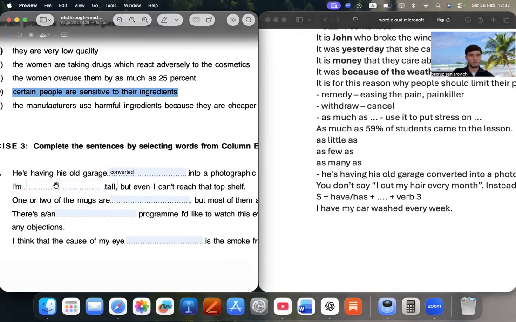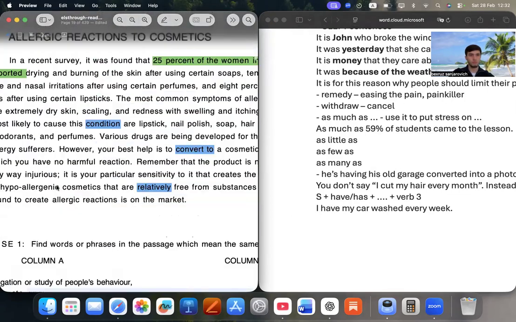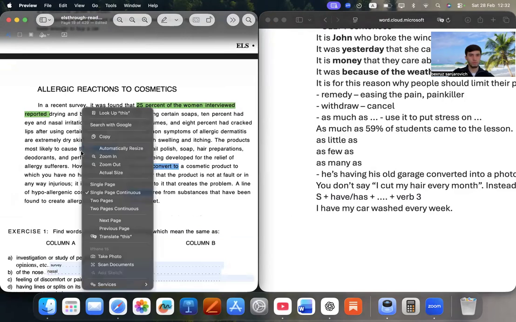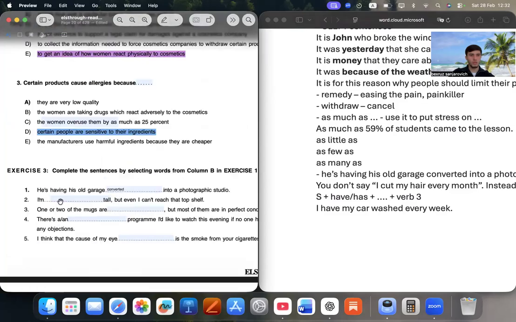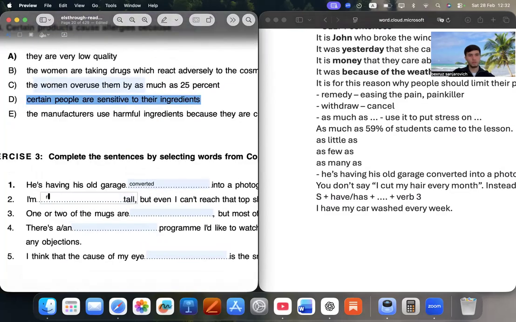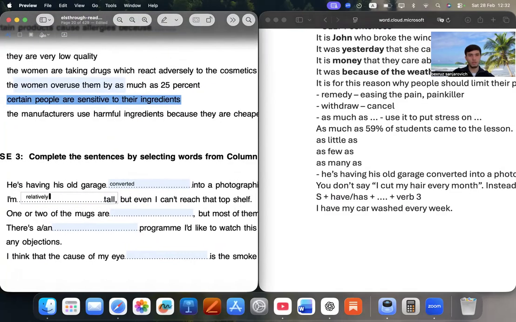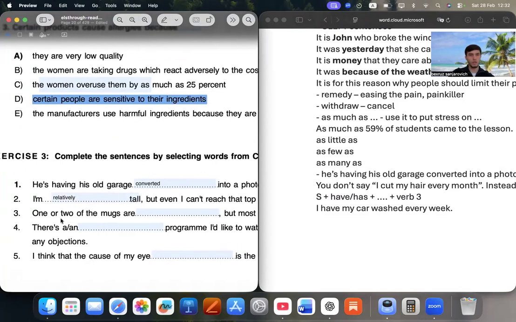I'm tall, but even I can't reach the top shelf. I'm relatively tall, maybe, yes. Relatively tall, but even I can't reach that top shelf. Okay.